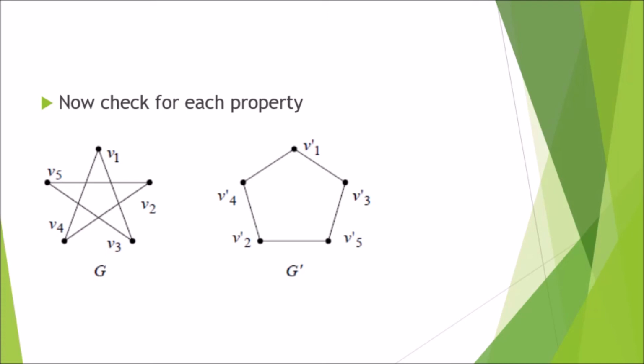The number of nodes in these two graphs is equal, as there are 5 nodes in each graph. The number of edges is also equal, as we can see there are 5 edges. Both the graphs have an equal degree on each node, that is 2. The degree of the node is the number of edges connected to it.